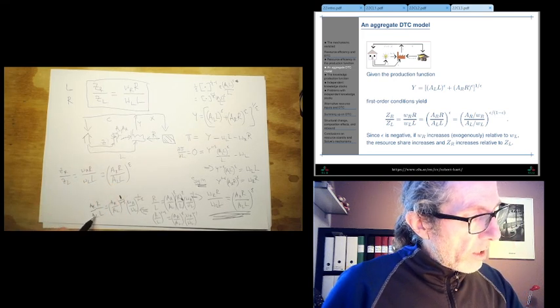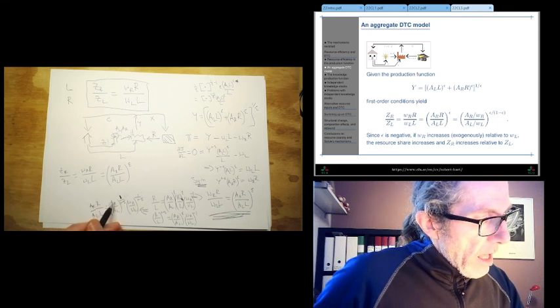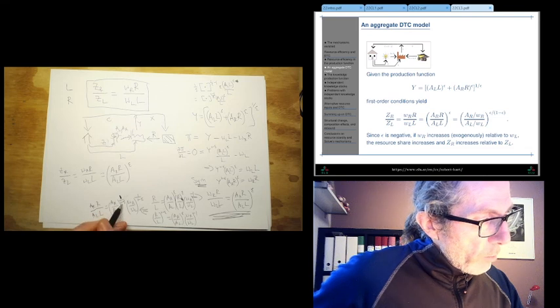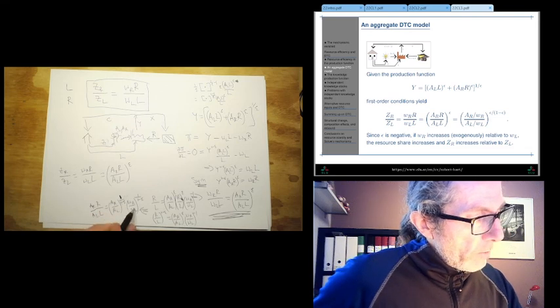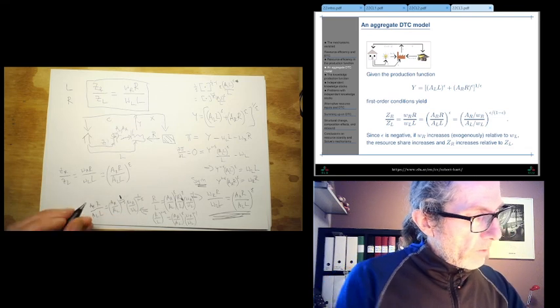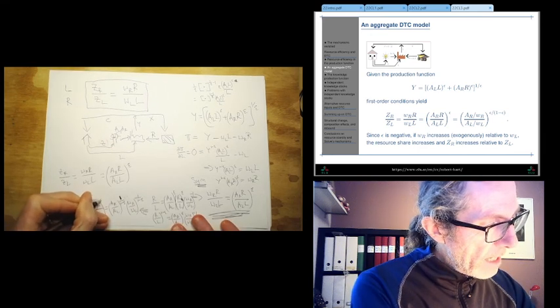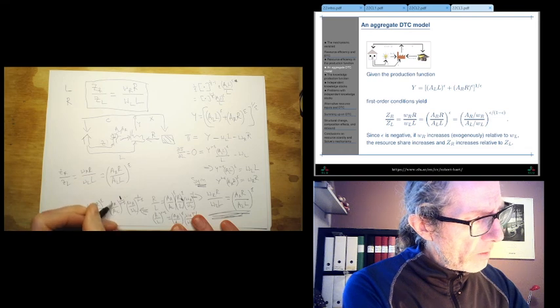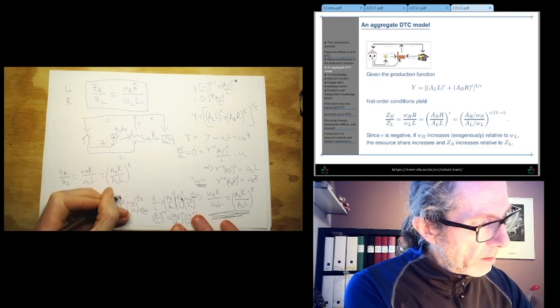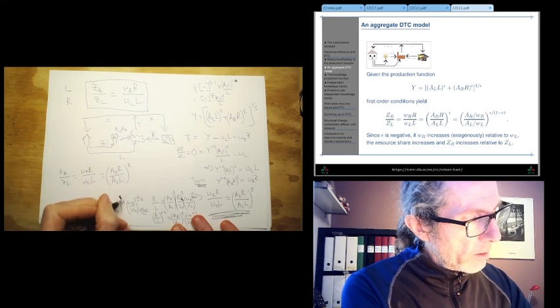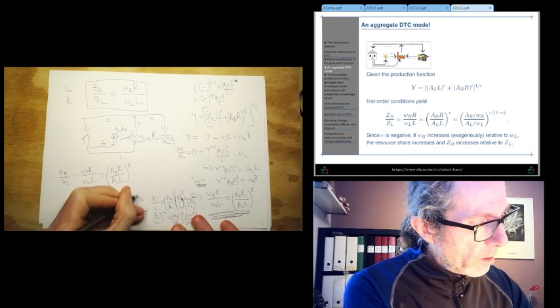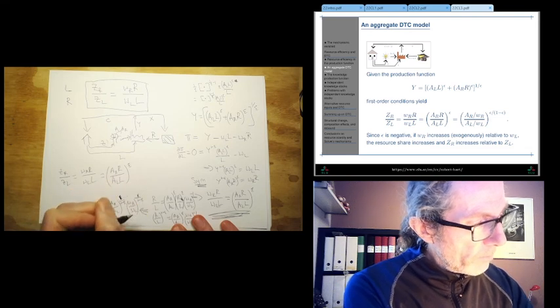So ARR over ALL is actually AR over AL to the 1 over 1 minus epsilon, WR over WL to the minus 1 over 1 minus epsilon. ARR over ALL to the epsilon is AR over AL to the epsilon over 1 minus epsilon, WR over WL to the minus epsilon.